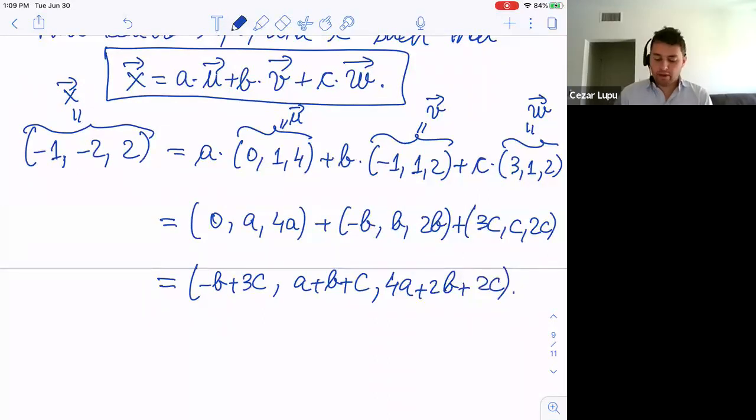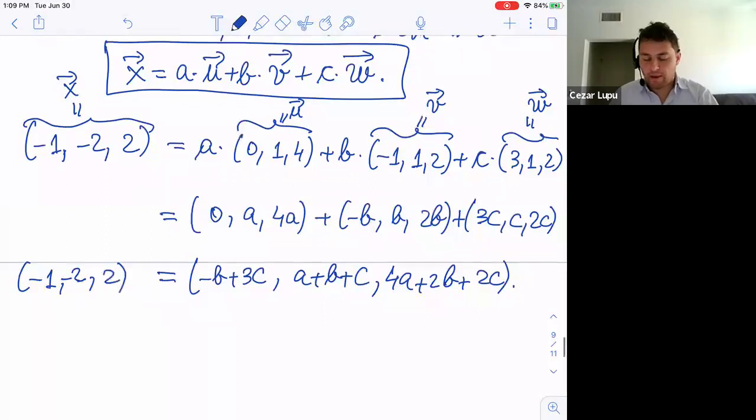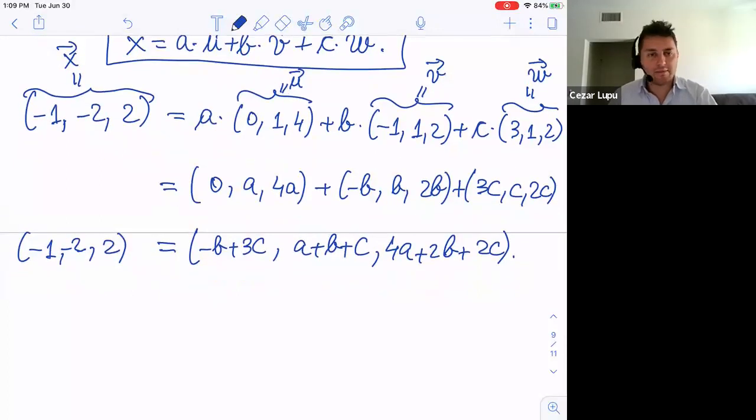And let's keep in mind that this vector is -1, -2, and 2. From here, the first thing that we learned in this class was the equality of vectors.